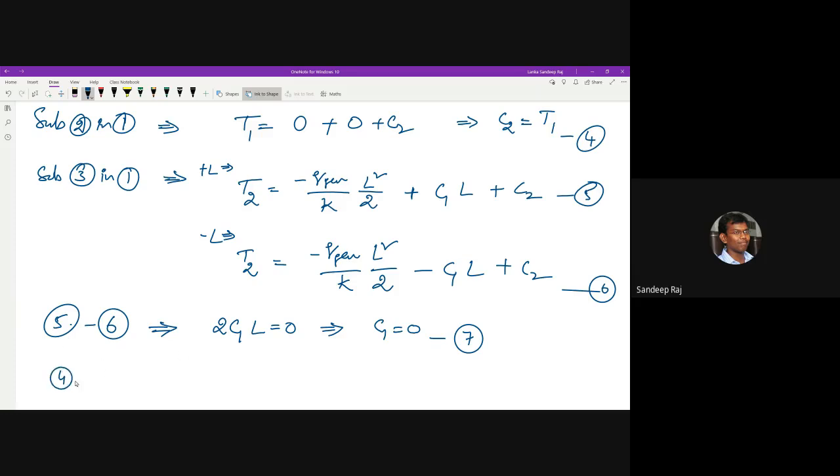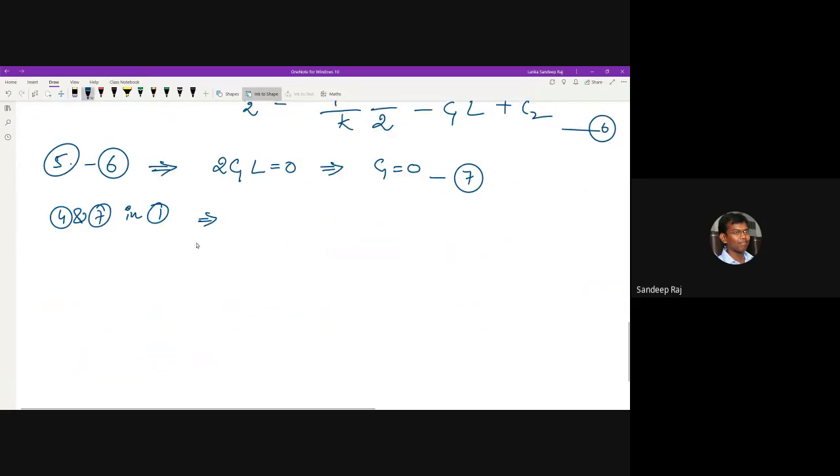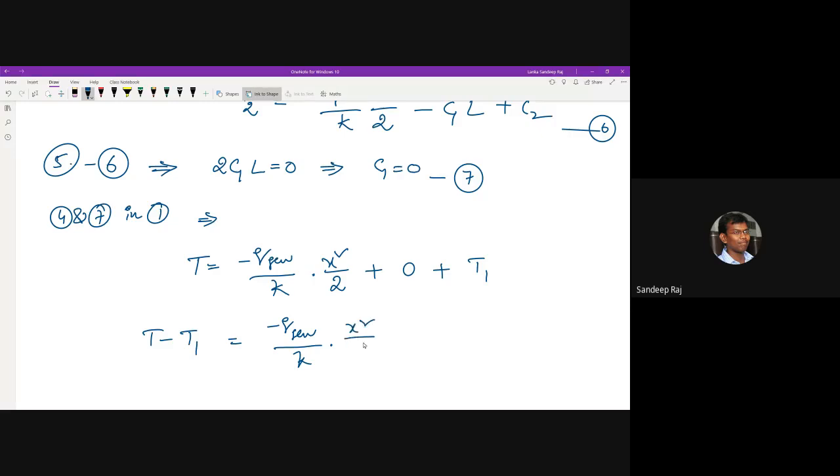That is 4 and 7 in 1 will give you T is equal to minus Q gen by K into x square by 2 plus 0 plus, in place of C2 I can write T1. So from this what I get is T minus T1 is equal to minus Q gen by K into x square by 2. Let me call this 8.